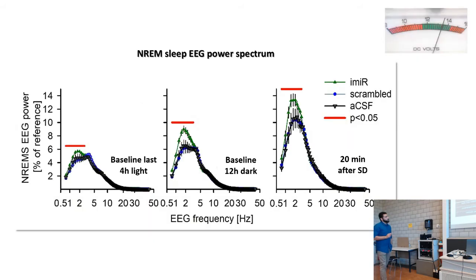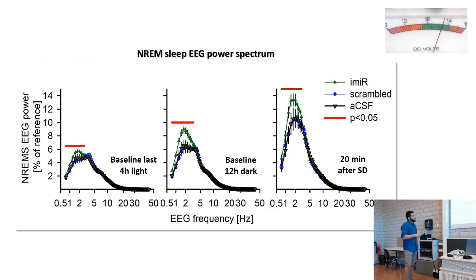So, this is what we saw, trying to assess the EEG spectrum, the brain waves, and the power from the different brain waves in the three groups. In green, the 709 inhibited mice, in blue, the scrambled negative control, and in dark, the vehicle injected mice.